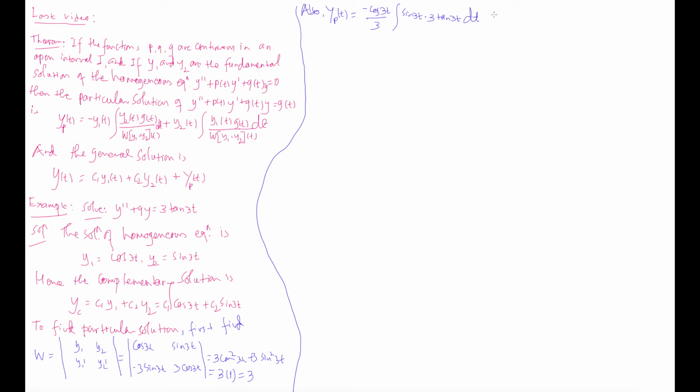Then plus sine 3t over 3, times the integral of 3 cosine 3t times tangent 3t dt.